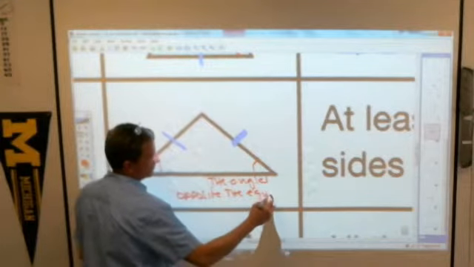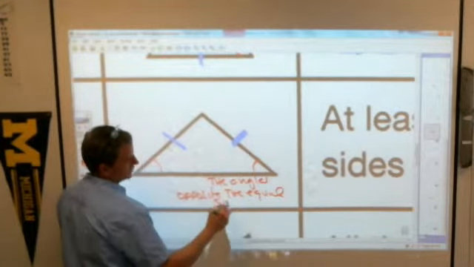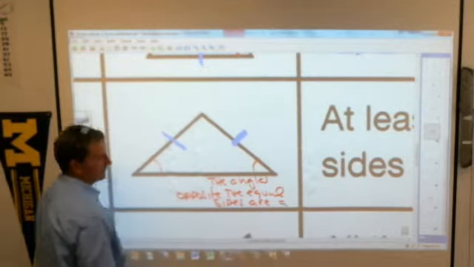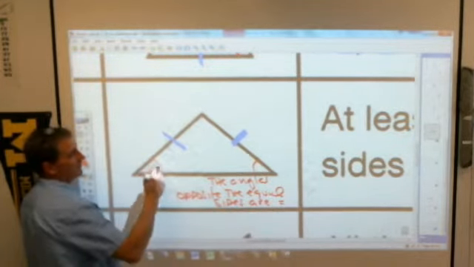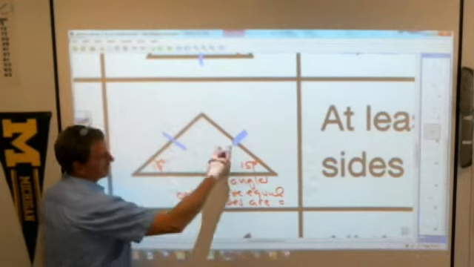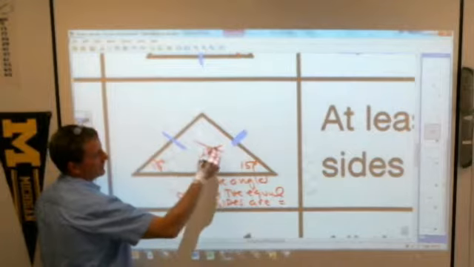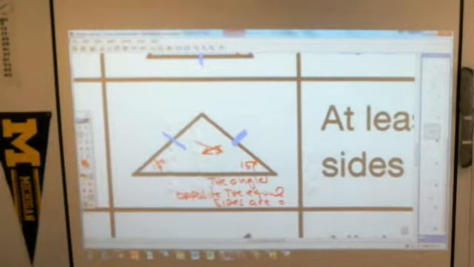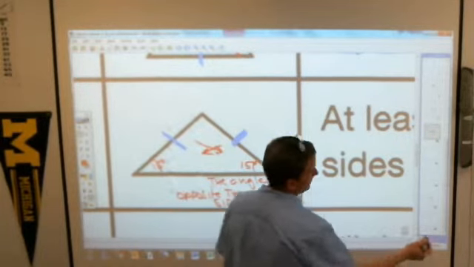Do you have enough room to write that in yours? No. Well, that's why you need the board. So if this was 15 degrees, then this angle also is 15 degrees. The angles that are opposite equal sides are equal. It's just good to know that. It's just a fun little fact.